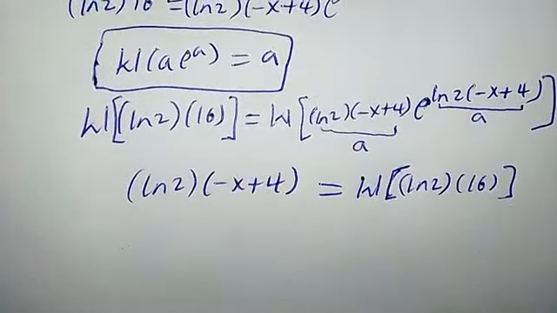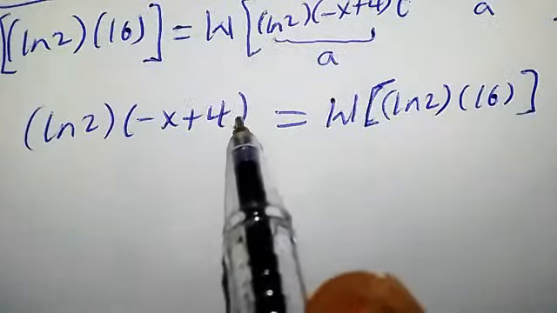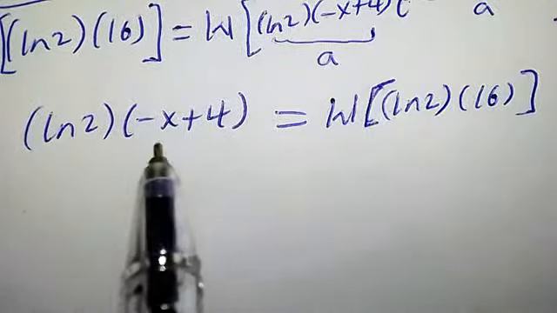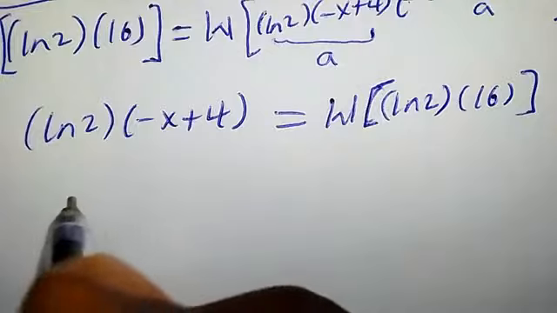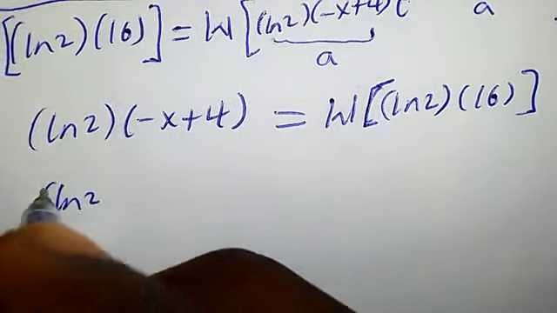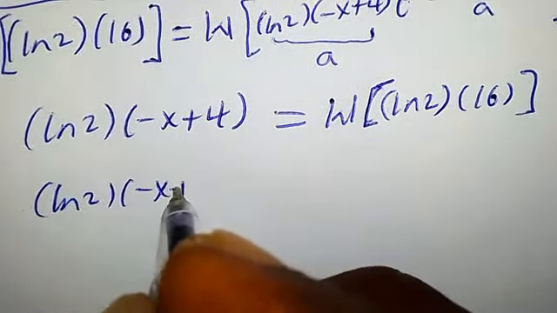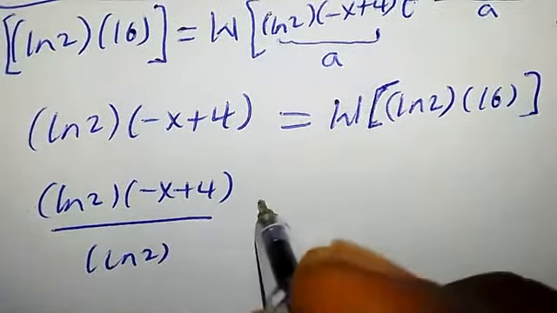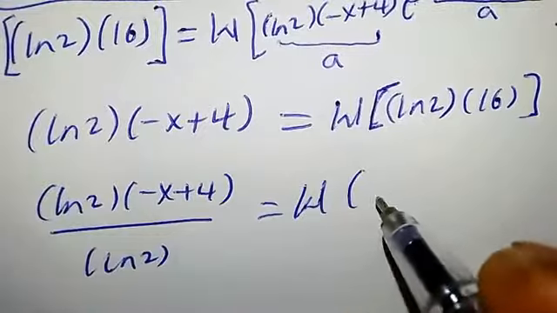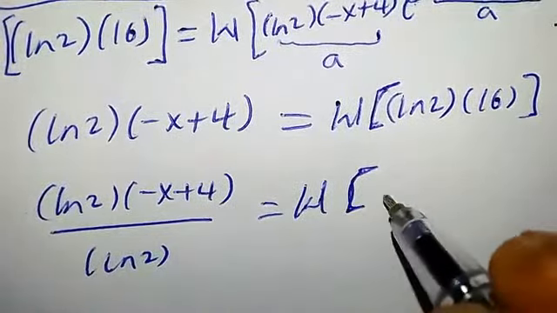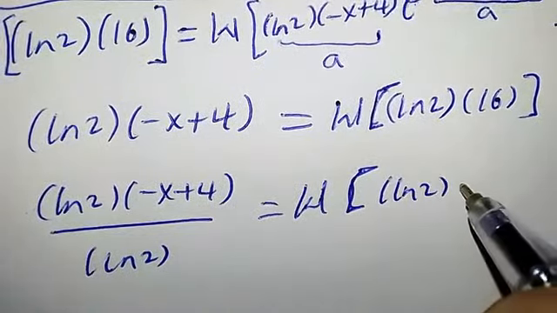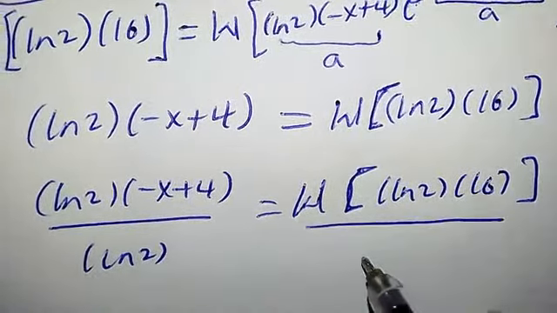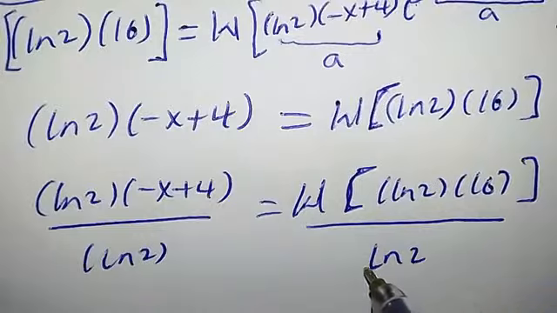So let's proceed further. To make x the subject of the formula, we can divide both sides by ln 2. So we're going to have ln 2 times negative x plus 4 all over ln 2 equals W of ln 2 times 16 all over ln 2.